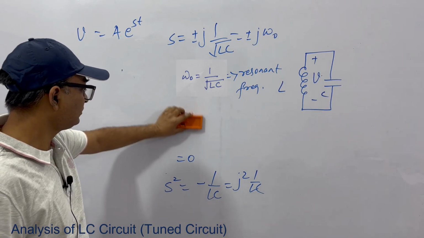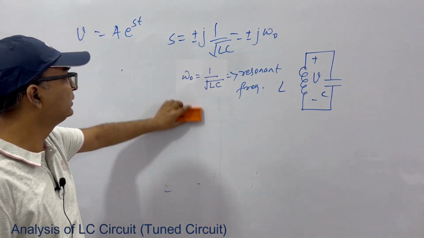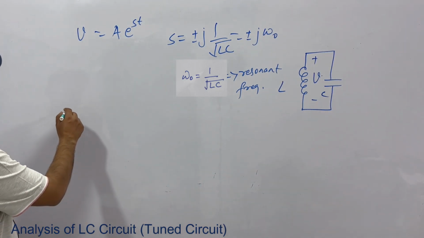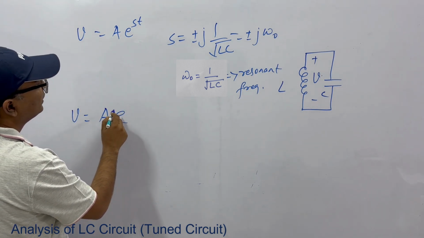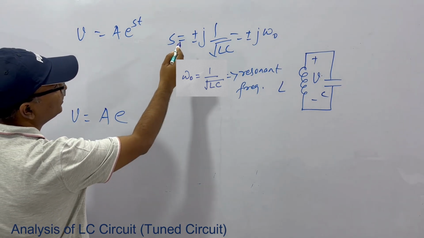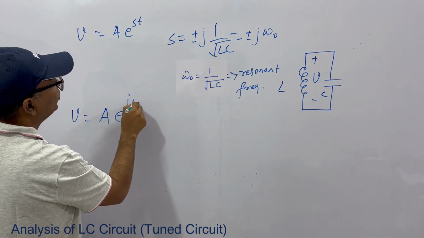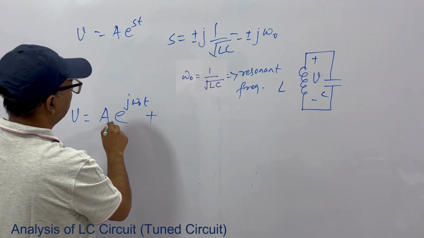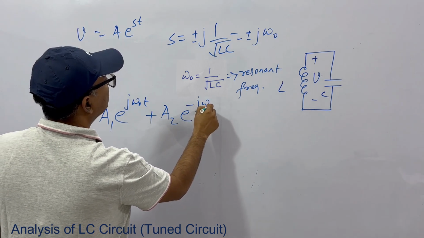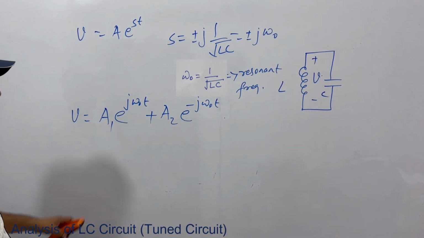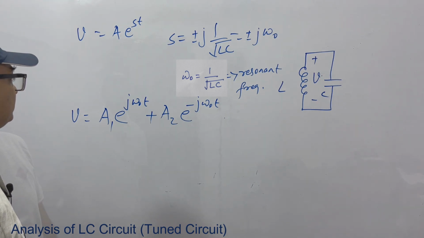Okay, and from here the solution will be V equal to A1 e to the power S1t. So S1 is j omega 0, so e to the power j omega 0t, and then A2 for the second root is e to the power minus j omega 0t. Okay, so this is the solution.